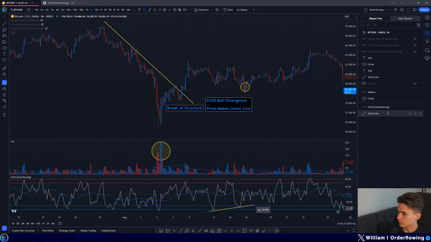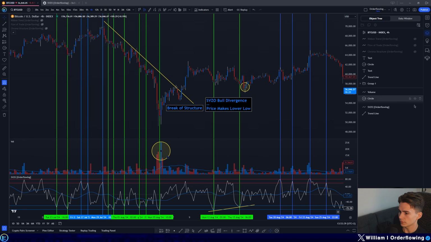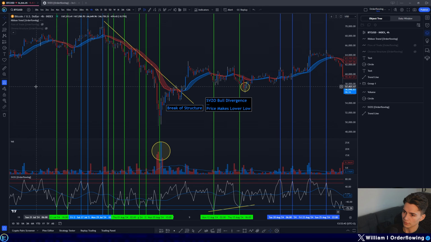To show it a bit more here, I'll unhide this and grab the trend indicator as well. So as we can see here, when the SVZO goes to the oversold conditions, it's likely to be at the bottom of the rotation. Here in the downtrend, we had these two wicks down, and that was the bottom.